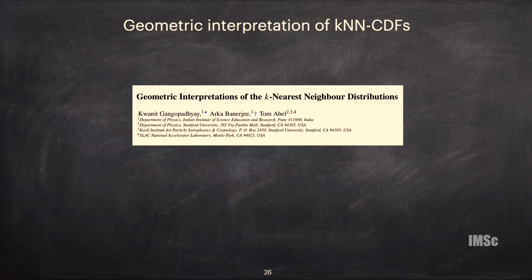I want to spend a little time on this relatively new paper. So we have understood the k nearest neighbor distribution functions from the algebraic perspective of how they connect to the n-point functions. In this paper led by my student Kwanit, we looked at the geometric interpretations of these nearest neighbor distributions. So given a set of data, if we ask at a particular search radius, where are all the query points that contribute to the value of the cumulative distribution function at that R?